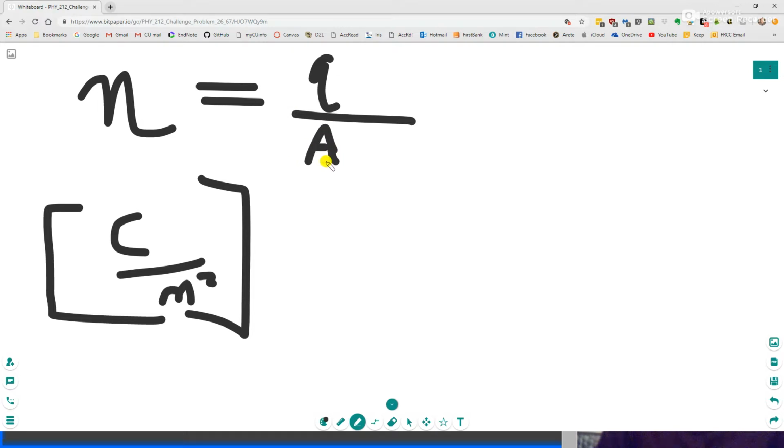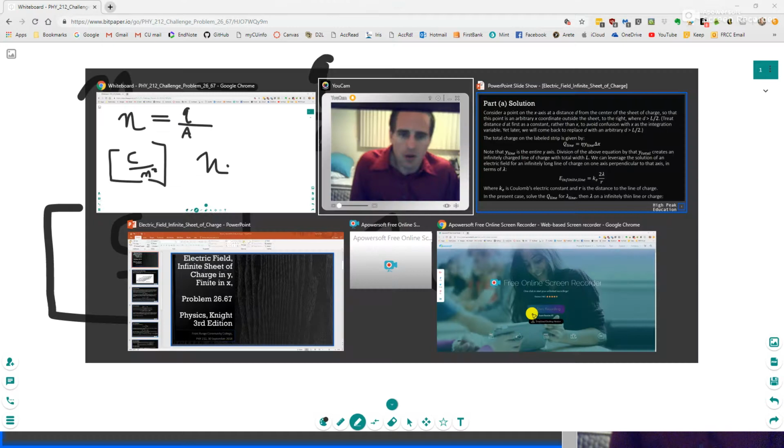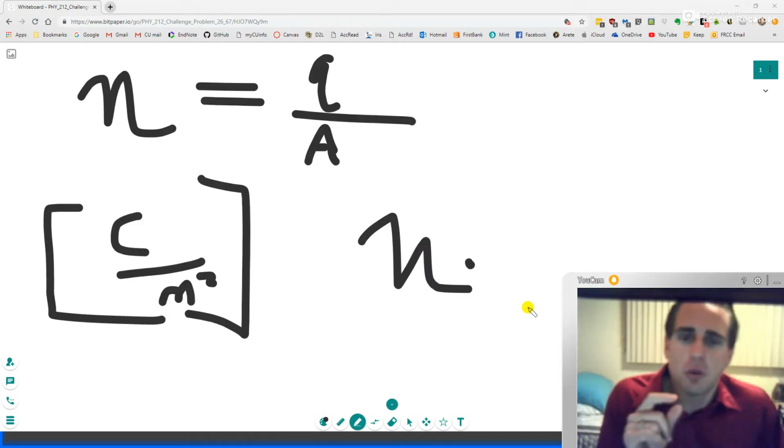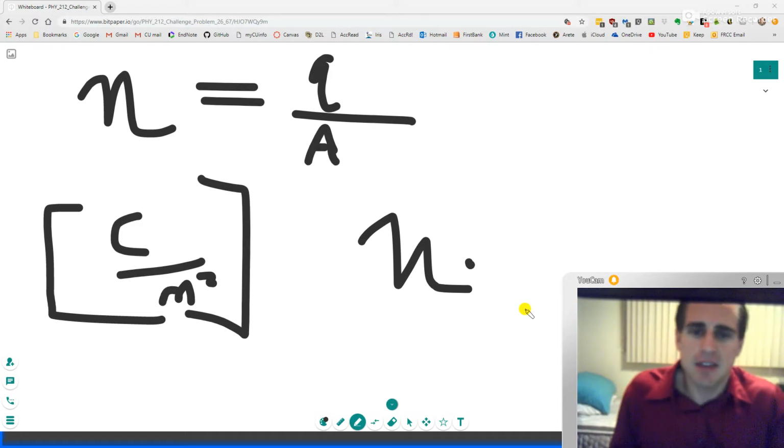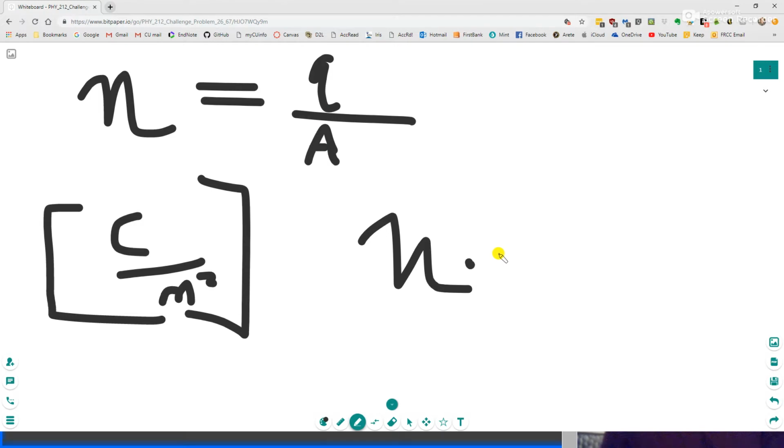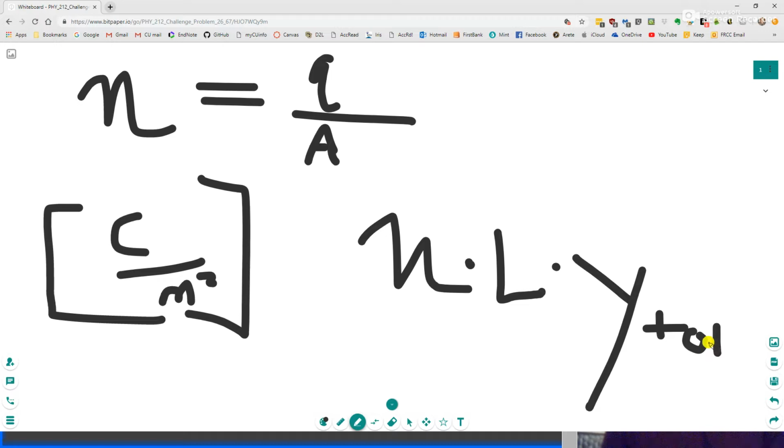So what that means is we should be able to take eta times some sort of a length and some sort of a width. Well, we know that the width is delta x, and we know the length is the entire length of the y-axis. So we'll say this is eta times y line times delta x.